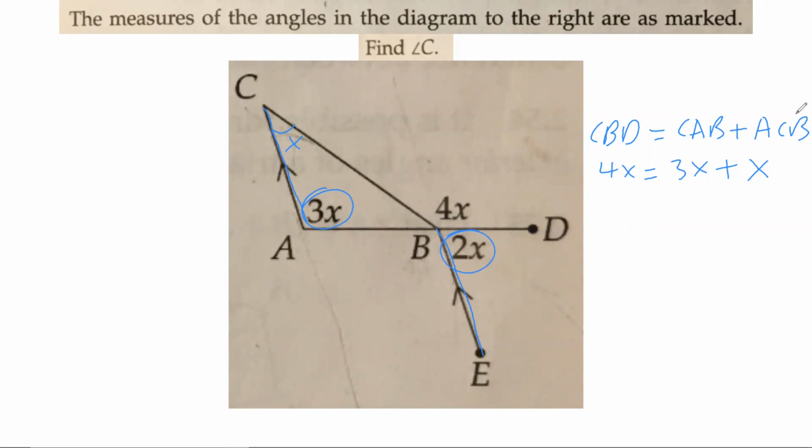If you remember back to the warm-up, then you know that angle ACB plus CBE is equal to 180 degrees.